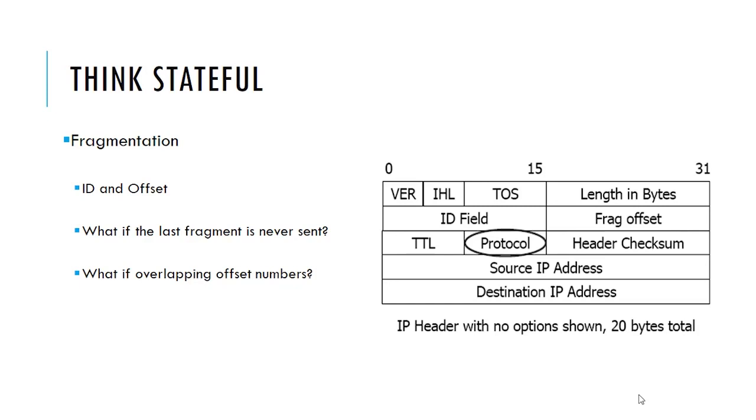What if overlapping offset numbers are sent? 1, then 2, then 4, then 1 again, which means that the fragmentation offset numbers are not telling a sequence of fragments. This means that it wants the router to discard all the fragments it is receiving because it will never be able to assemble once more the fragments of the original packet.